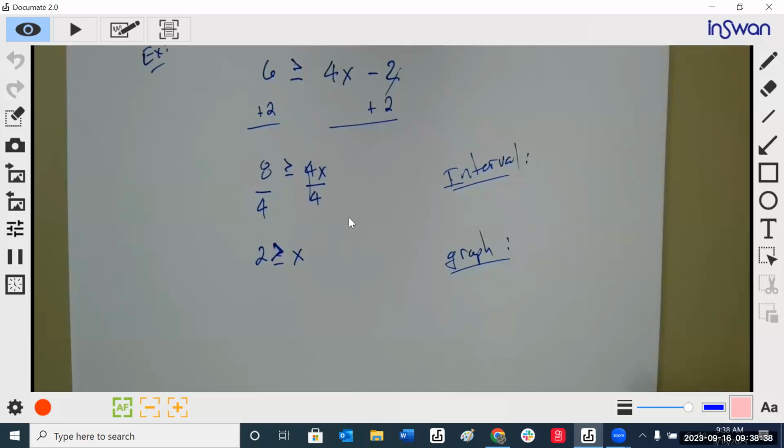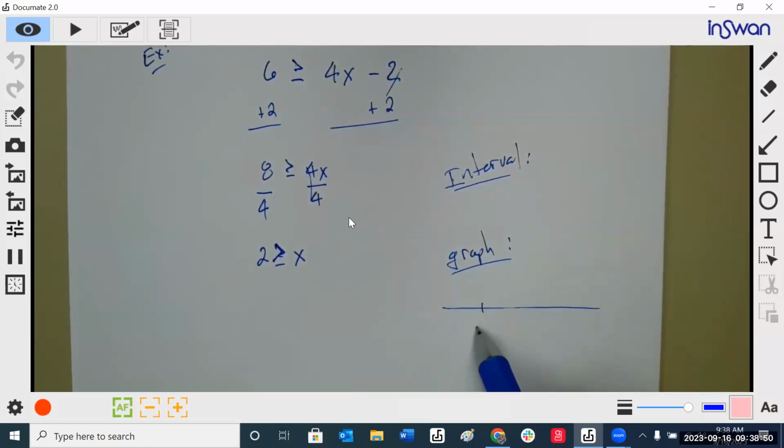So what's the interval going to look like? Or the graph? What's the graph going to look like? It's going to be the same as the other one, which is the closed circle.